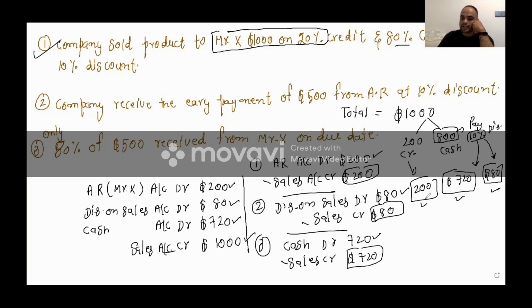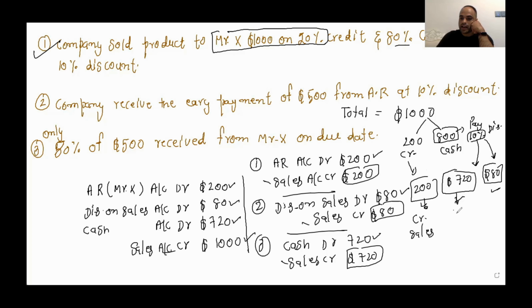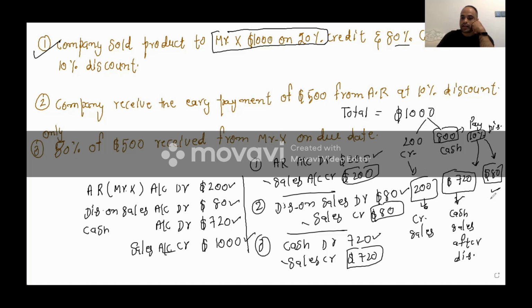This is credit sales. This is cash sales after discounts, right? And here is your discounts expense, or discount loss, or whatever you want to call it.